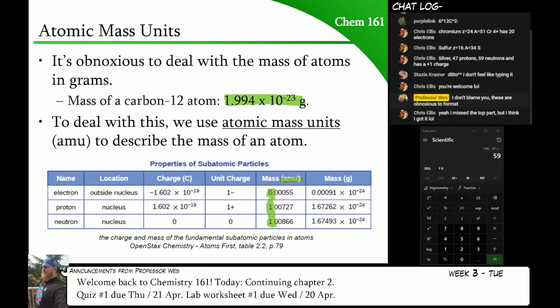Now, the AMU has a very specific mass, and let me find that on Google here. So that mass is this. I don't have this in the slides because it's really not important, but just in case you were wondering.